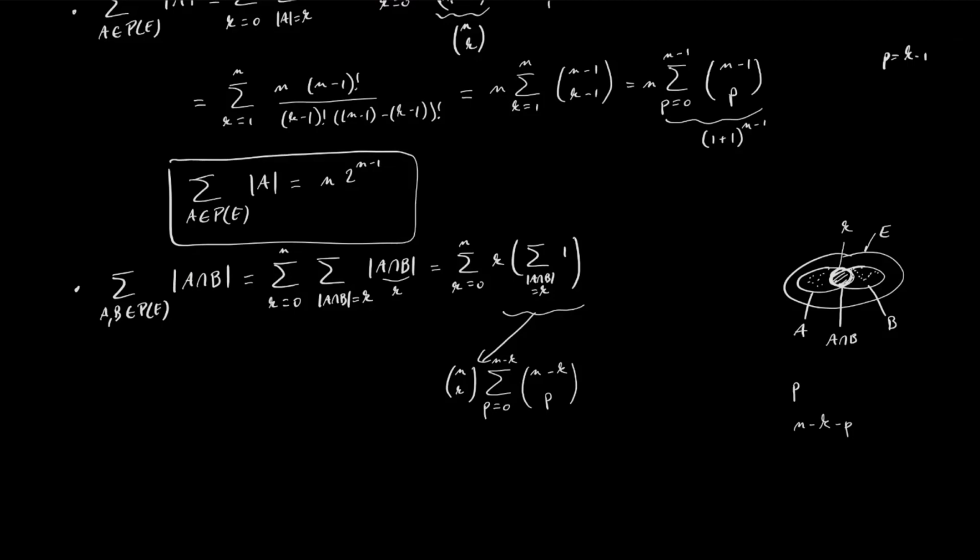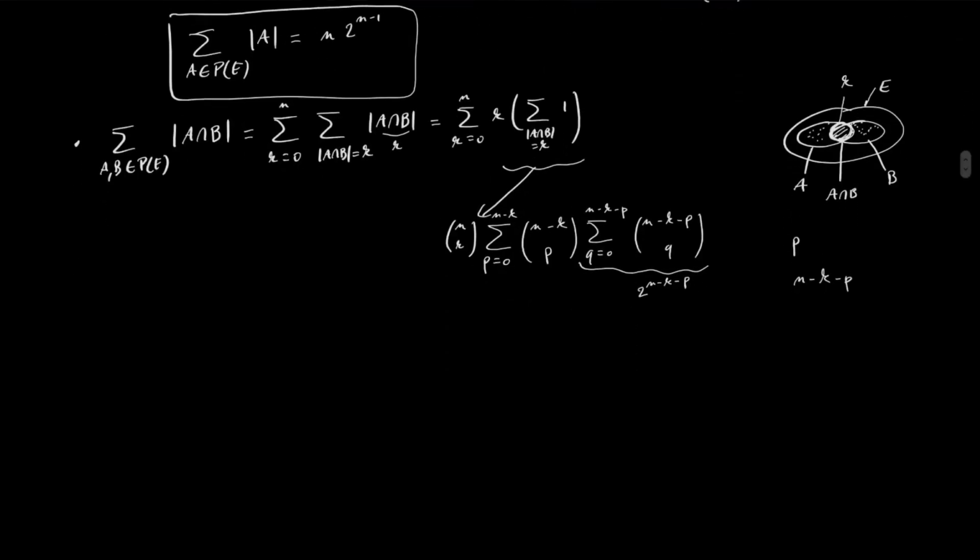So in that case, the choice is equal to the sum for q equals 0 to n minus k minus p of n minus k minus p choose q. And we know that this sum, again, according to the binomial theorem, is exactly equal to 2 to the power of n minus k minus p.